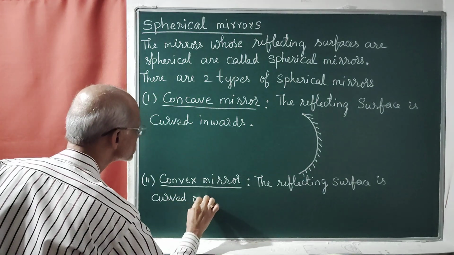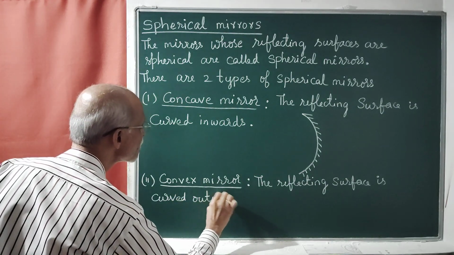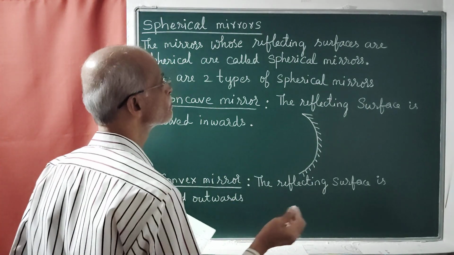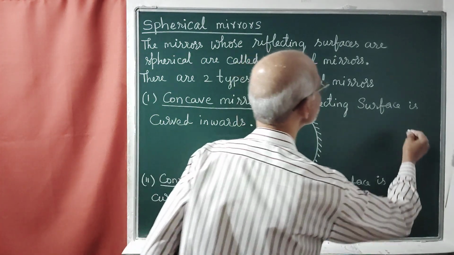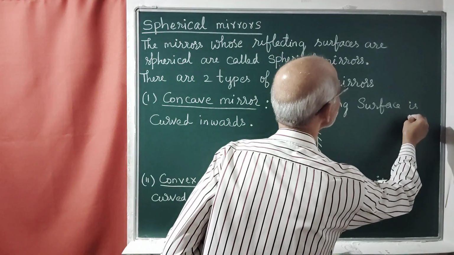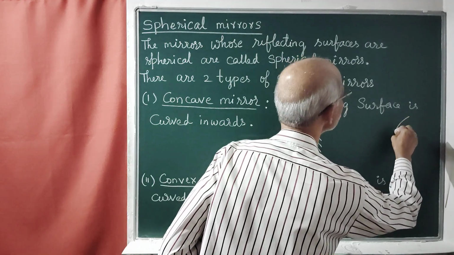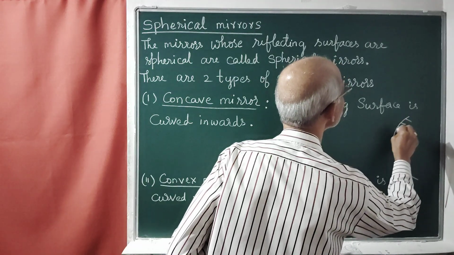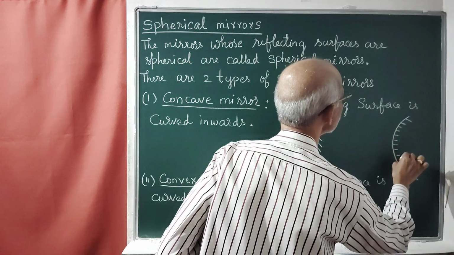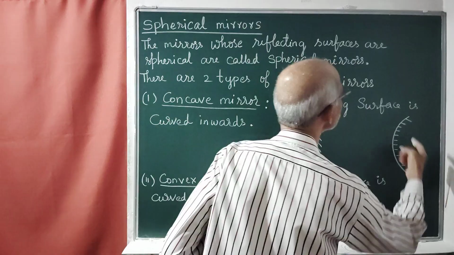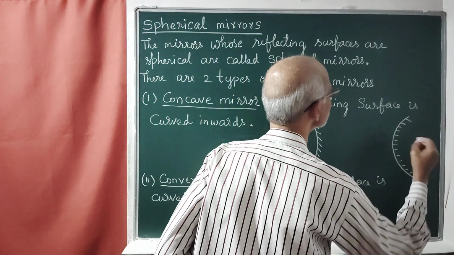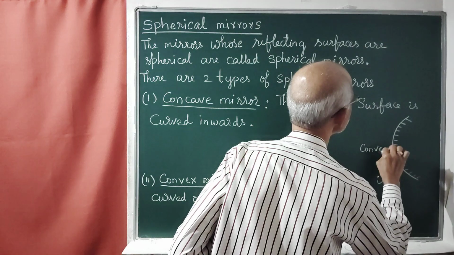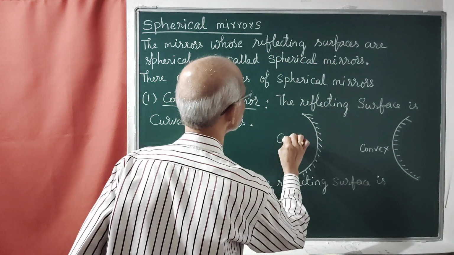And see it here, it's a convex mirror. It is curved outwards. It is convex. This is concave.